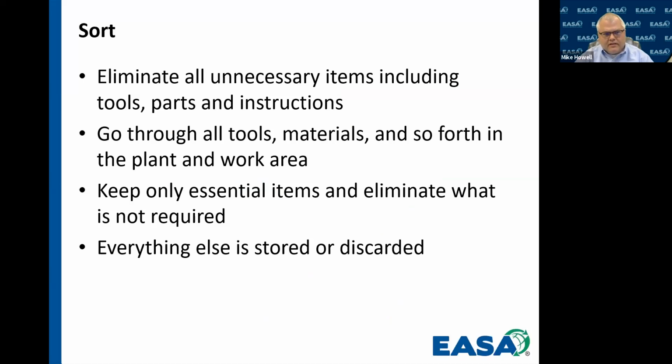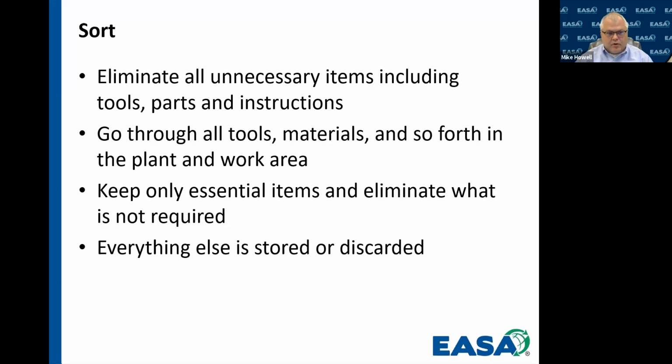The sort phase, the very first thing here, what we're doing is eliminating all the unnecessary items around us in our workspace. That includes tools, parts, inventory, work instructions, anything that we don't need to be able to do our tasks. We want to get it out of our space so that space can be used for value-added activities and so that it doesn't add to clutter.